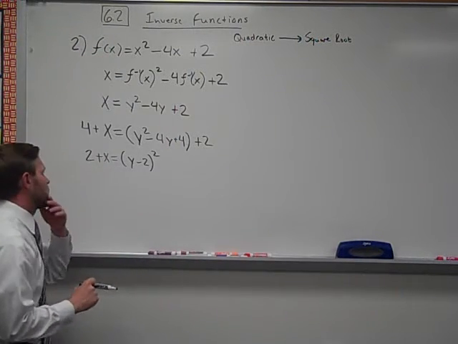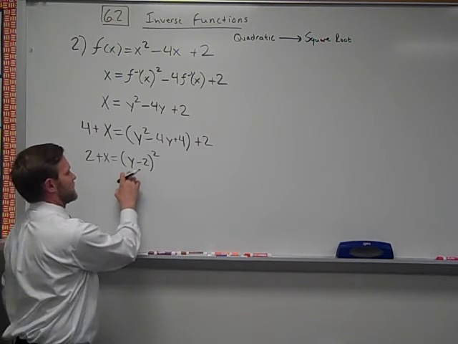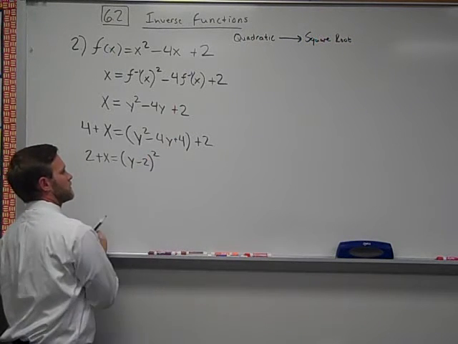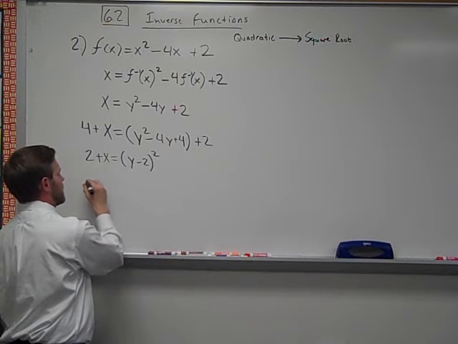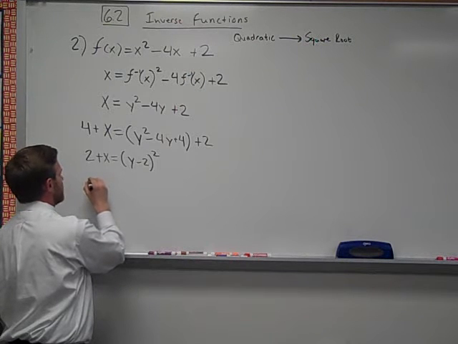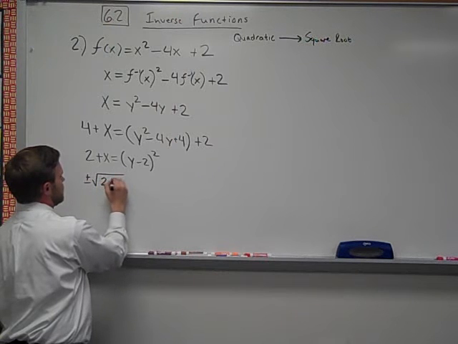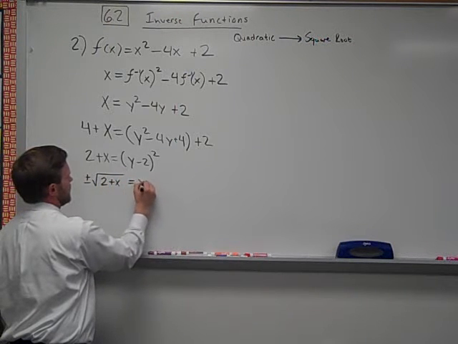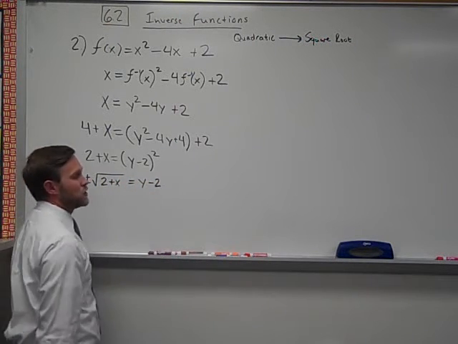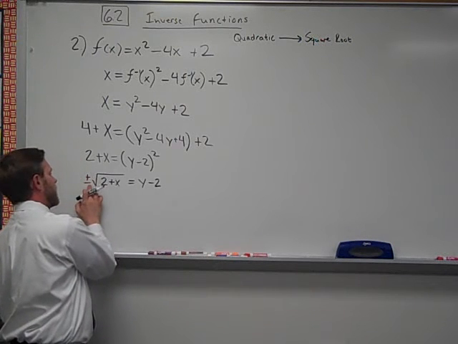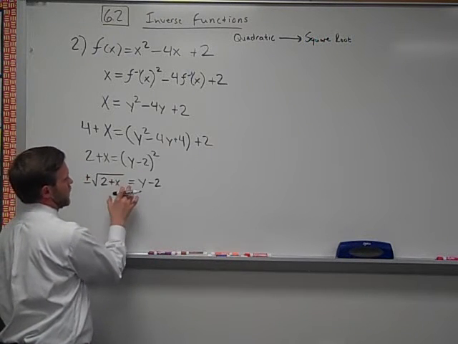So here's what we're going to do next. If we want to get y all by itself, we need to get rid of the 2, so we're going to square root both sides. So what I've got here is plus or minus the square root of 2 plus x equals y minus 2. Notice how I introduced the radical because I took the square root of both sides.